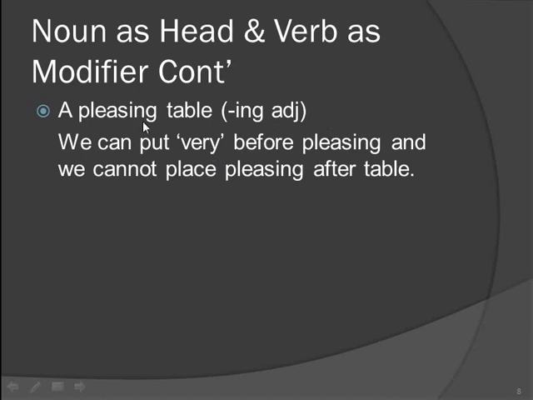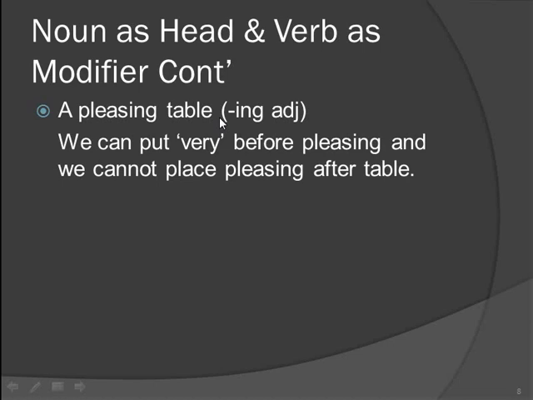So pleasing here is adjective because we can put very before the word pleasing, and we cannot put pleasing after the word table. Jadi kalau ada verb ing, bisa jadi verb ing itu adalah adjective, bisa jadi dia adalah verb itu sendiri fungsinya, bisa jadi dia adalah noun.